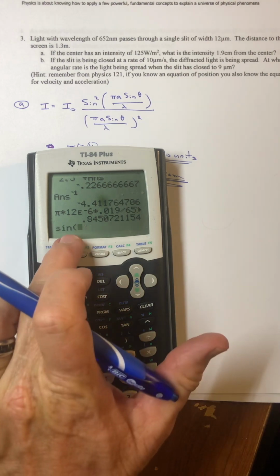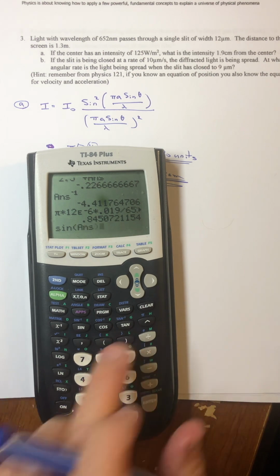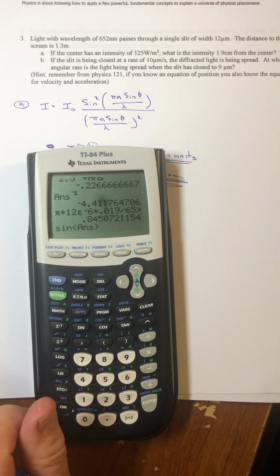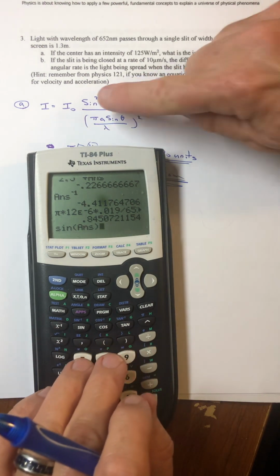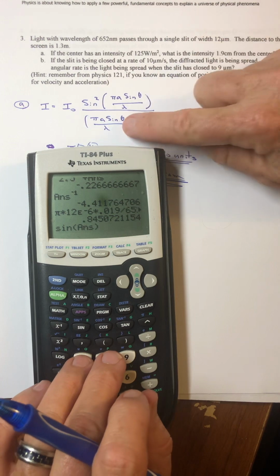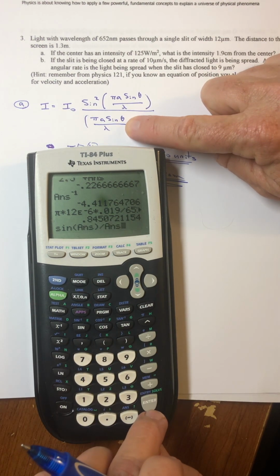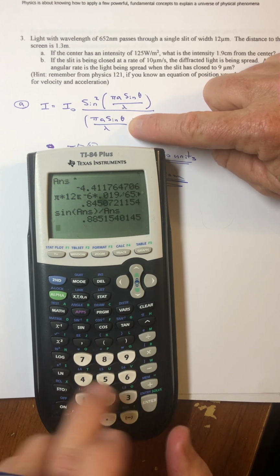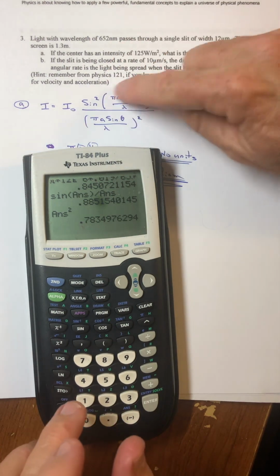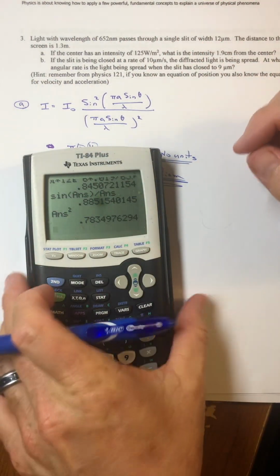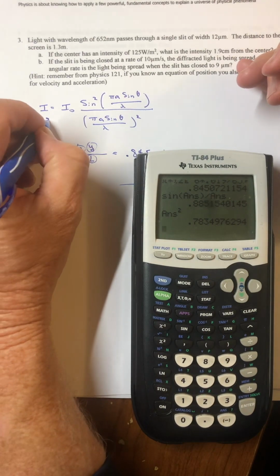So here I can go sine of that last answer. I won't square it quite yet. And then I'll also divide it by that last answer, and hit enter. And then I'll do the square. I'll just treat those as a sine x over an x, whole quantity squared.